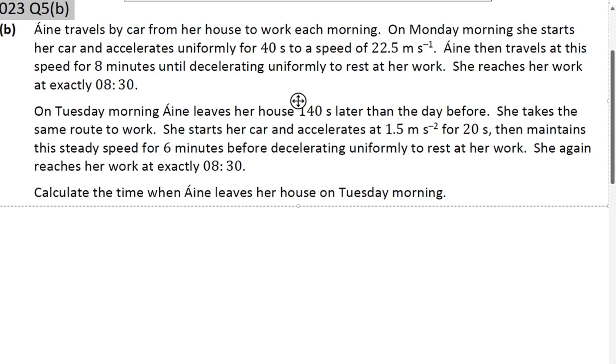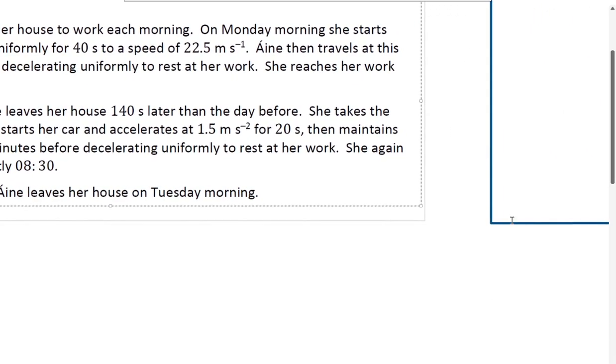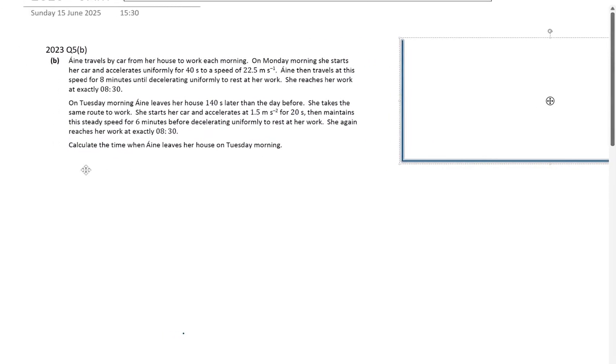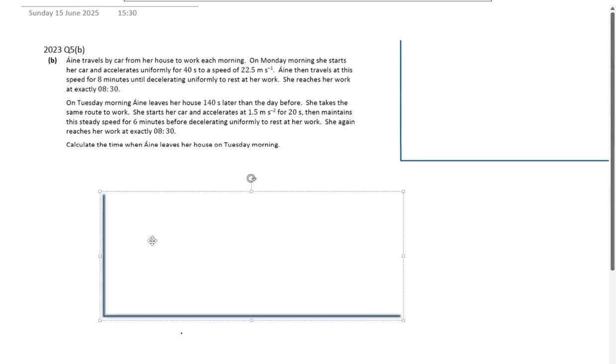We can use those, and we're going to need to use them, but we can also use the properties of our speed-time diagram. And I think we're going to need to draw two speed-time diagrams here, one for the Monday trip and one for the Tuesday trip. So I'm just going to grab a set of axes here and just plonk it there just because I can.